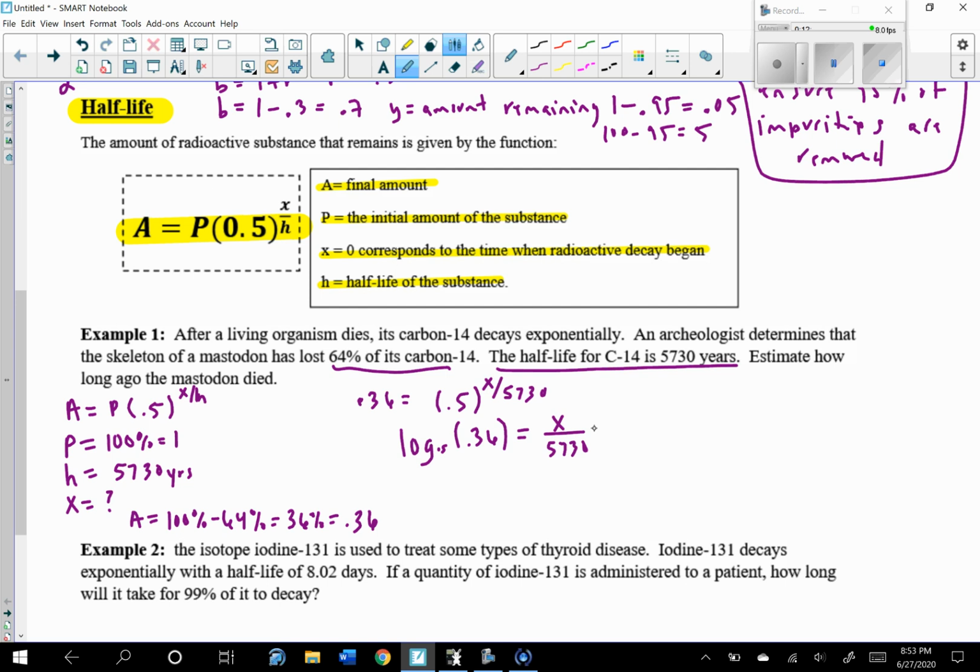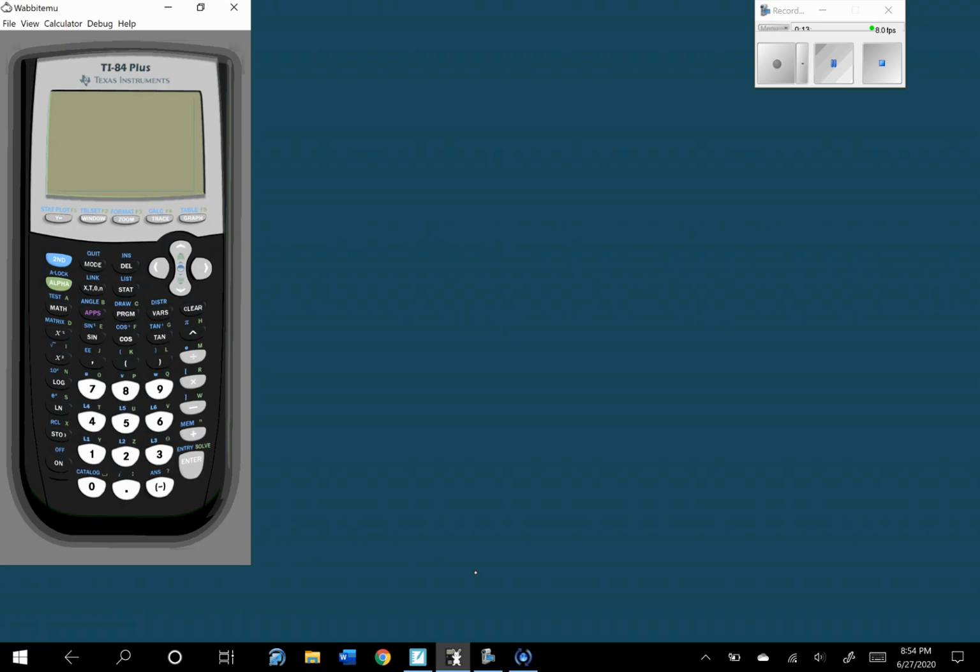So how do we solve for x? If you have something divided, that means you multiply both sides by 5,730. And those cancel out. So we get x is equal to, and then you can use your calculator. You can do it separately or just plug it in together. 5,730 times math, go to your log base. So log base of 0.5, and that was 0.36, enter.